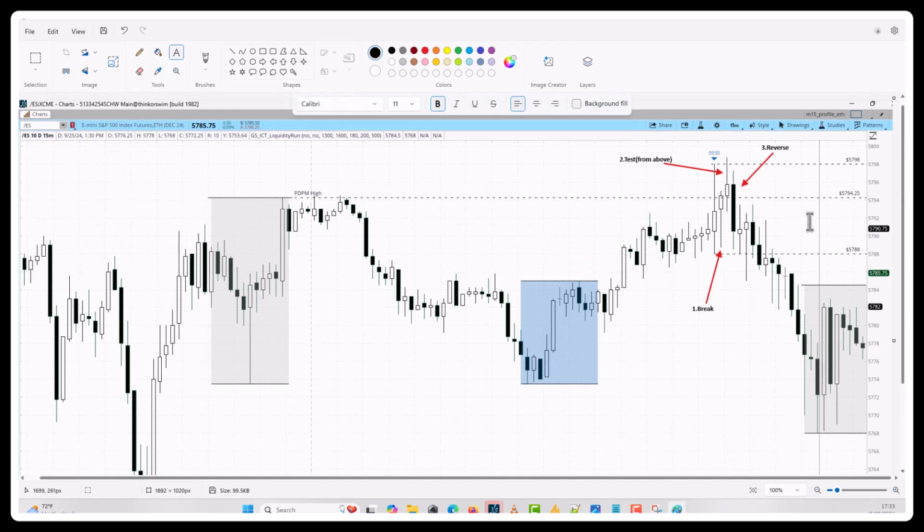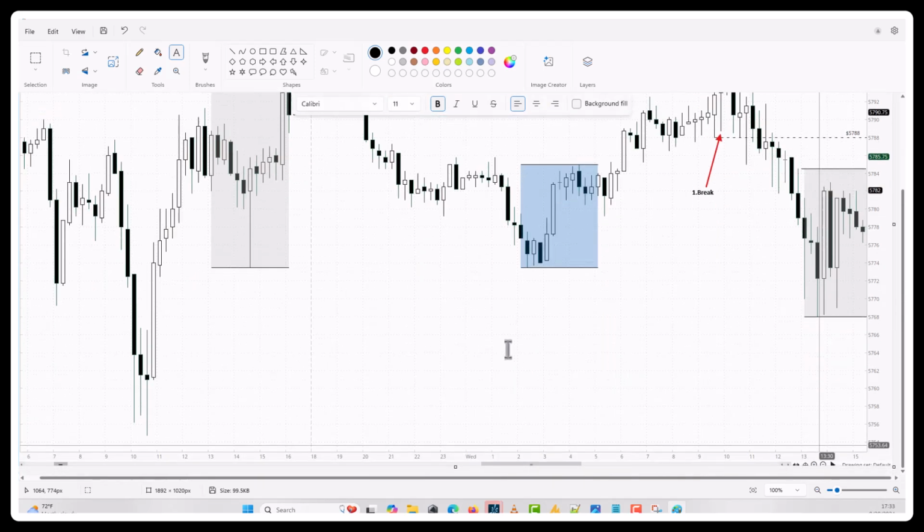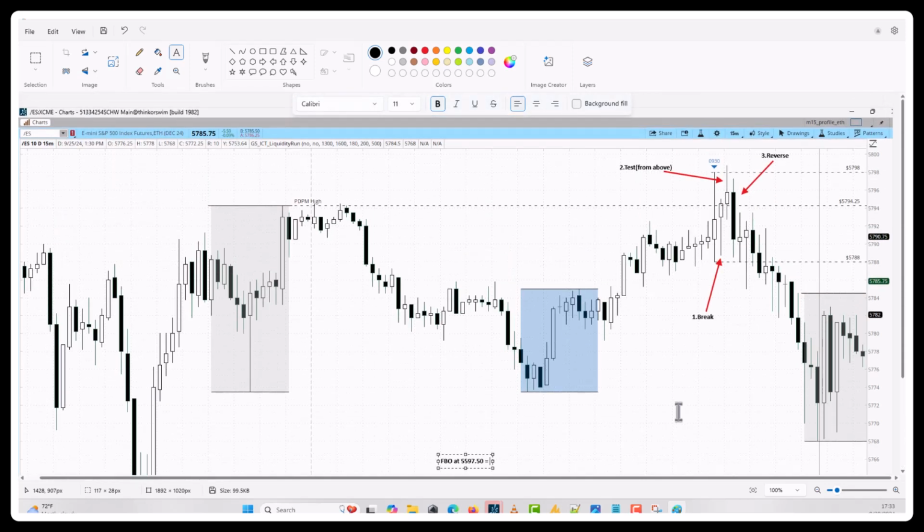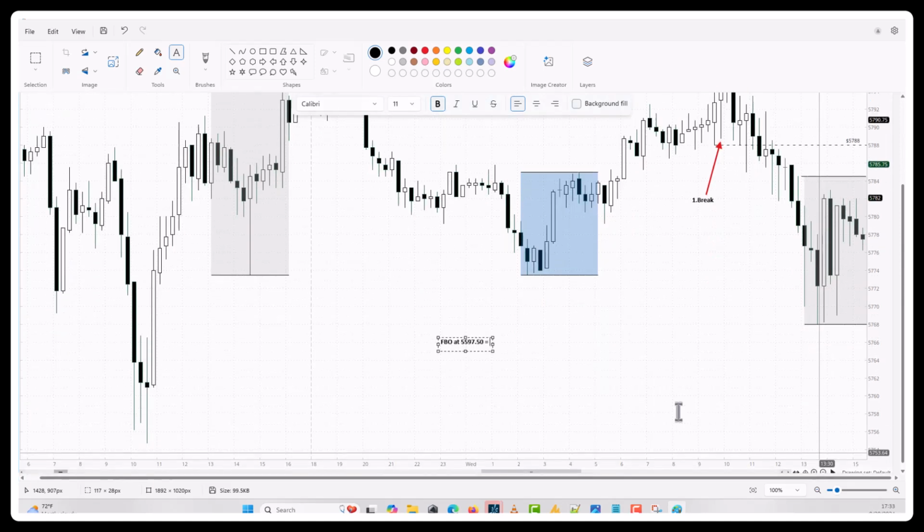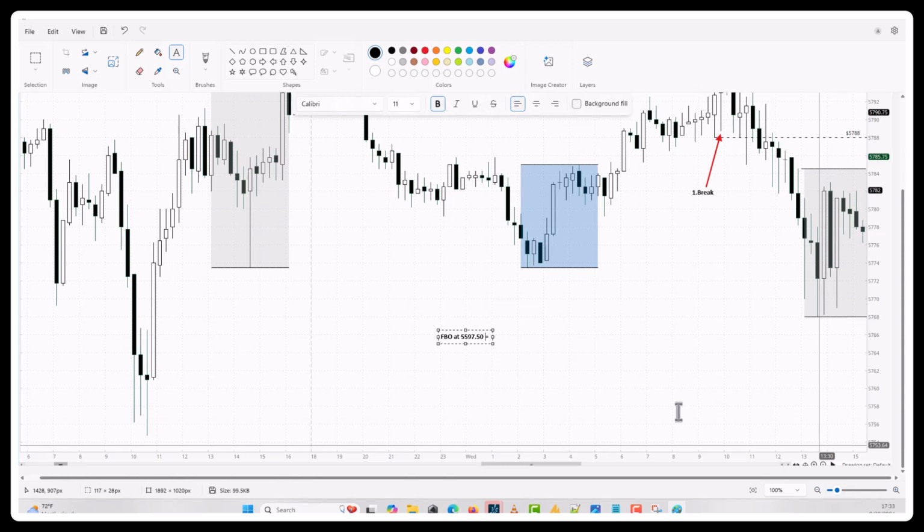Okay, so we're going to say forebreakout 50%, 9425. So it's going to be forebreakout at 57.94. 57.94. All right, and this is the previous day PM high.